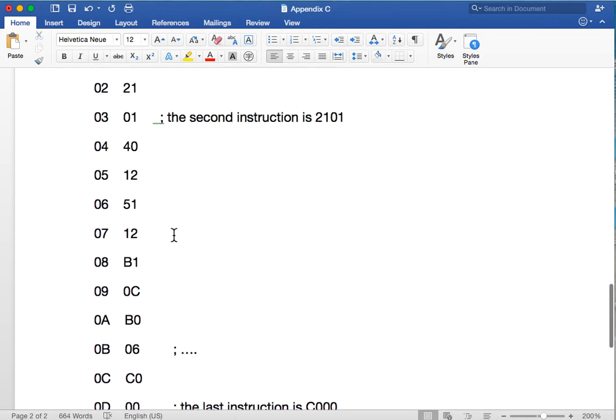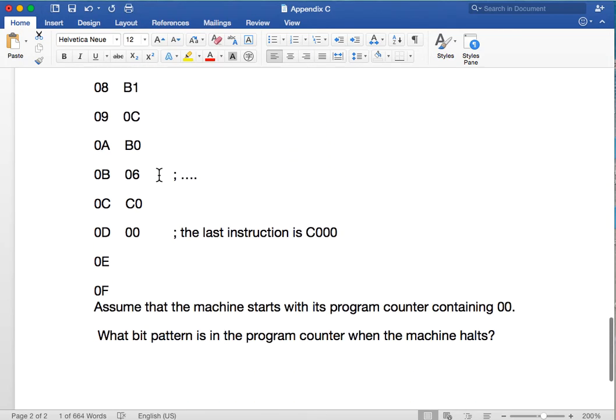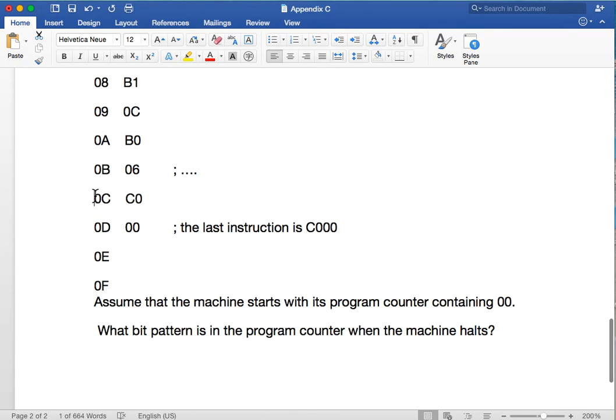So the first instruction's address is 00. The second instruction's address is 02. So at the beginning, 00 is in the program counter, because this instruction will be the next one executed. At the end, the last instruction's address is 0C.